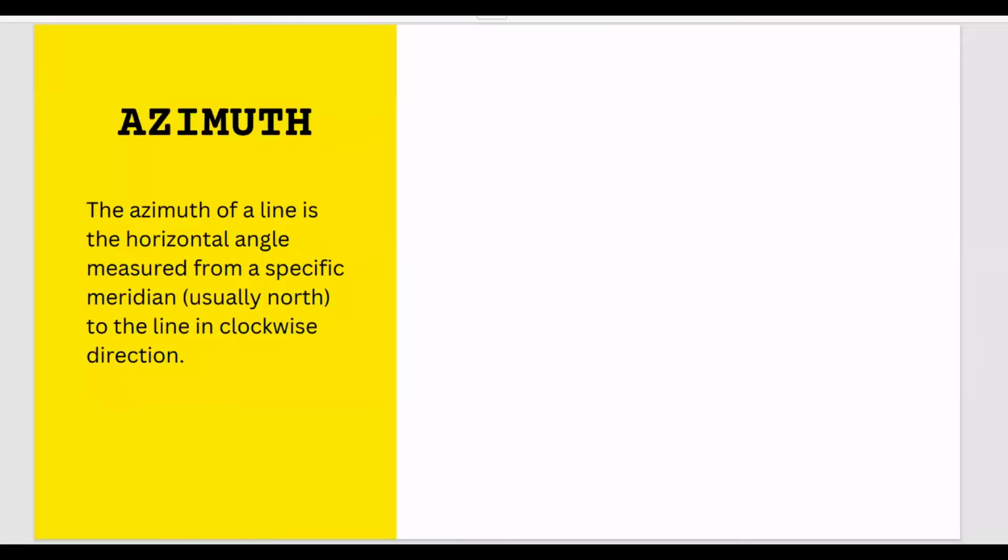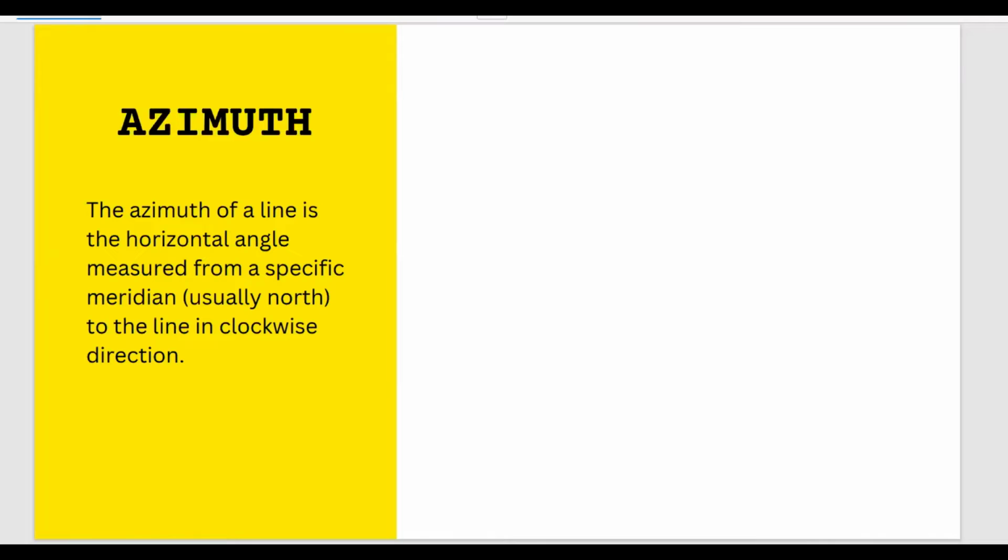Azimuth. The definition of the azimuth is something like this. The azimuth of a line is the horizontal angle measured from a specific meridian, usually north, to the line in clockwise direction. So let's see what that means.